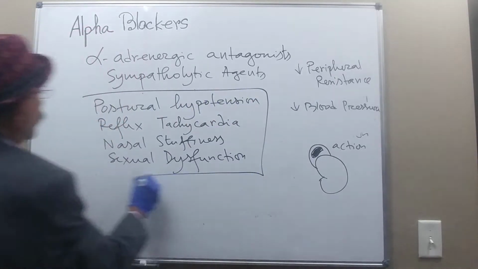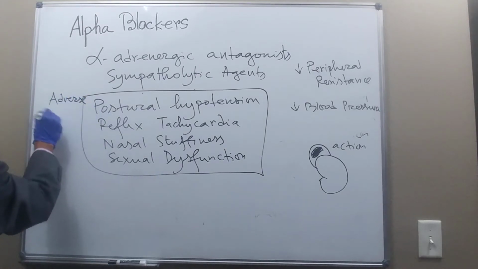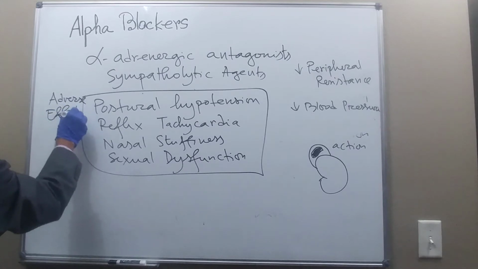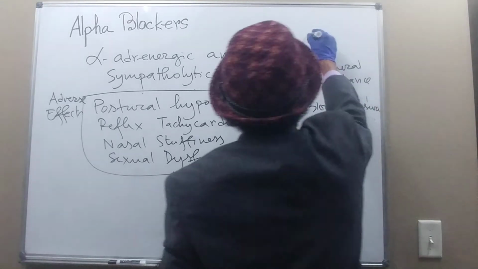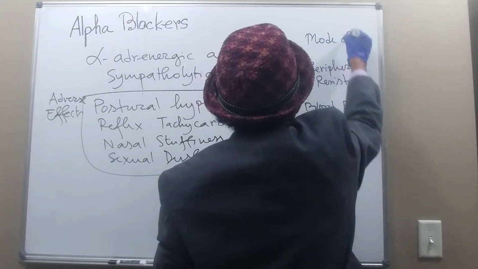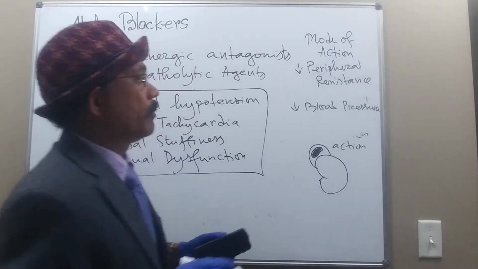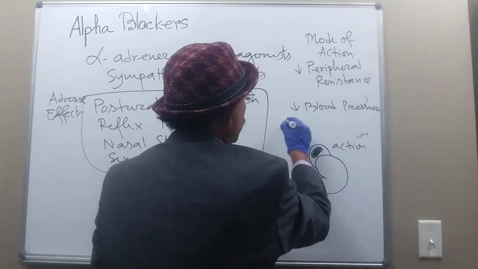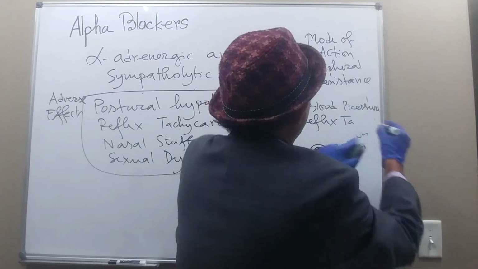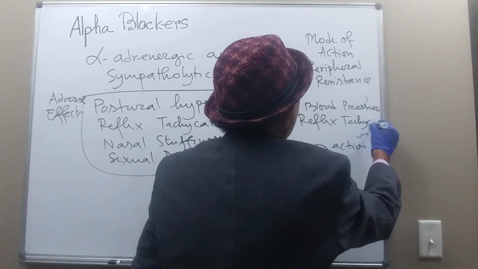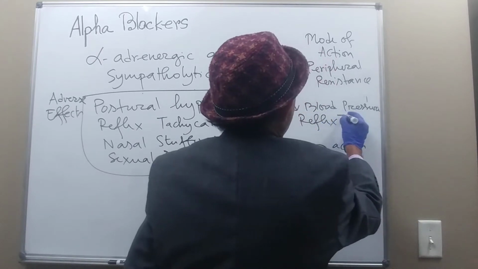These are the adverse effects of the alpha-adrenergic antagonist, and this is the mode of action: decreasing peripheral resistance, decreasing blood pressure, and increasing reflex tachycardia by the baroreceptor mechanism.